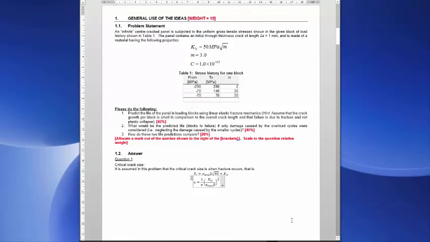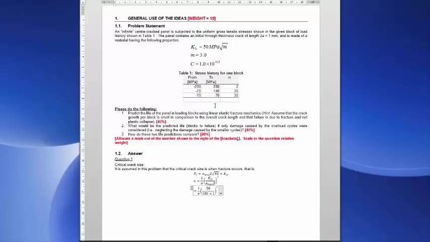And here we can now write that this is equal to 1 over pi times, in that bracket we have 50 divided by, what is the maximum stress? The maximum stress, tensile stress, is 280 MPa, right? And I must multiply that by beta, which is 1, and this must be squared.